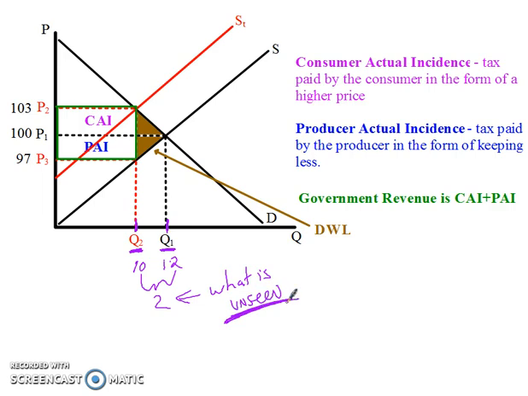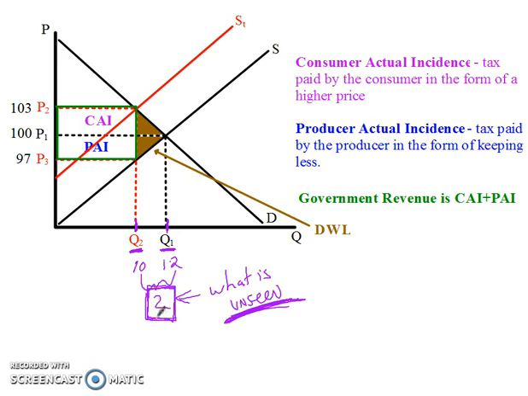Because if the tax did not exist, 2 additional units of the product would have been produced and sold and enjoyed by the customer. So the happiness that the customer would have gotten from those extra 2 units, it just never happened. And that's a real loss to society. Okay, it's what is unseen. The happiness from these 2 products is unseen precisely because it never happens.